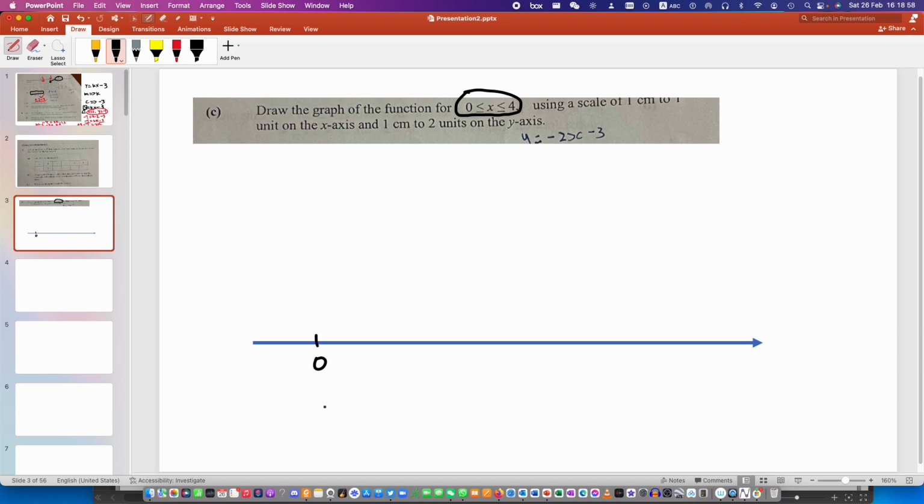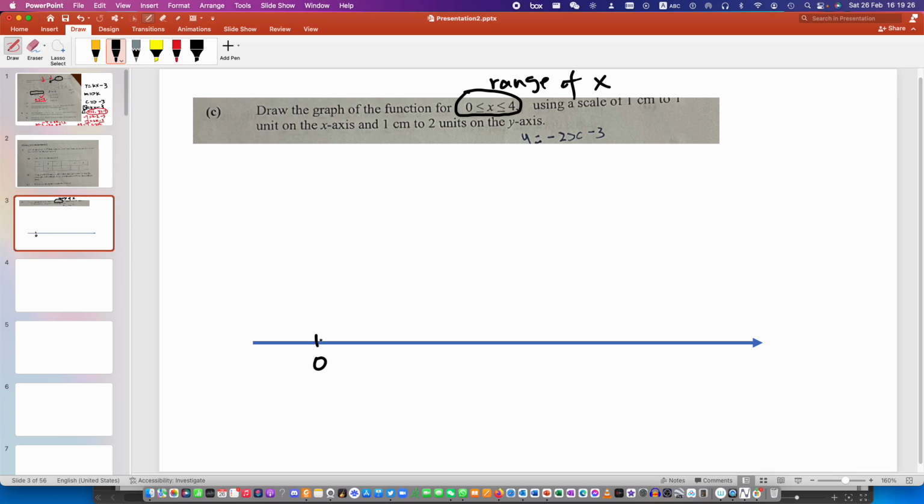Can you go to 5? No. Why not? Because that will be over. This is called the range of x. You cannot go beyond the range. It's just like I say, you cannot spend more than $10 a day. Understand me? Okay, good. So you start from 0, so you need to go to 4.